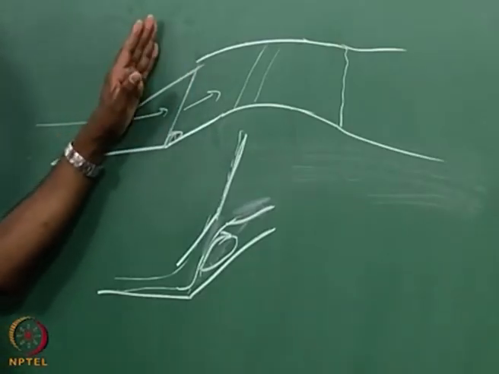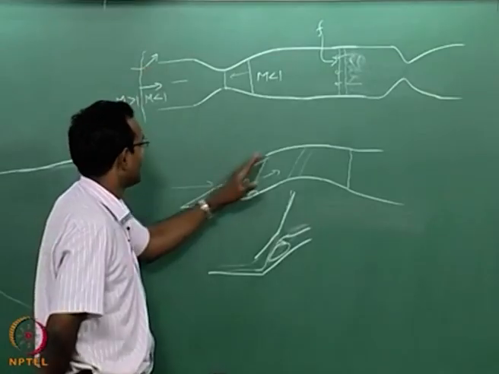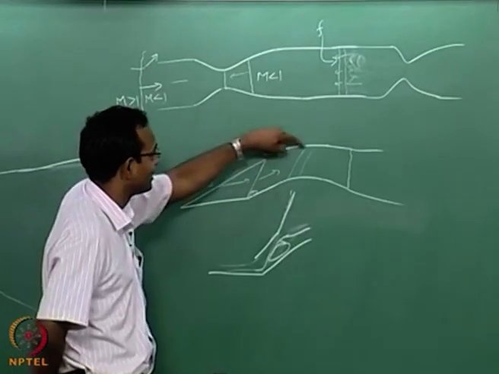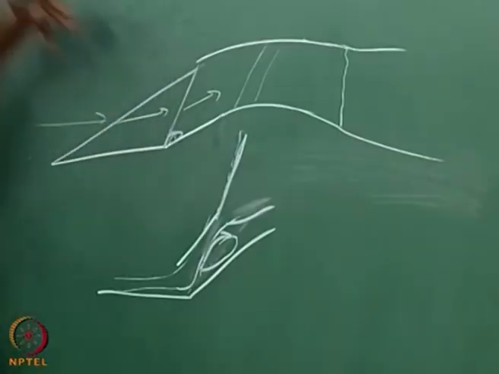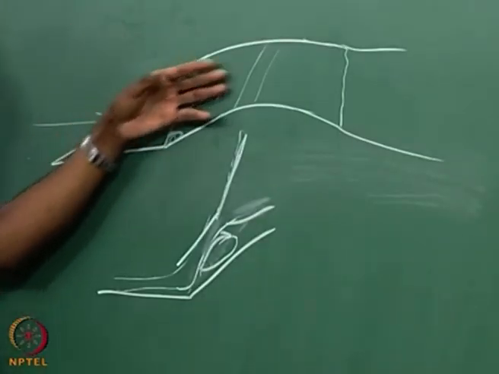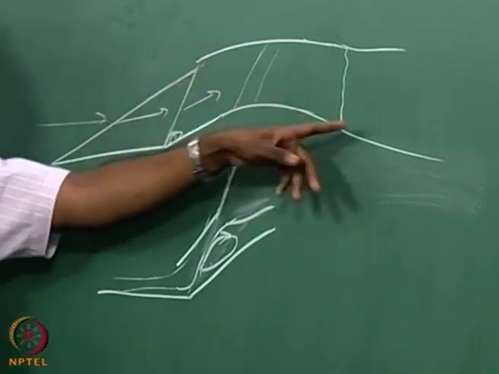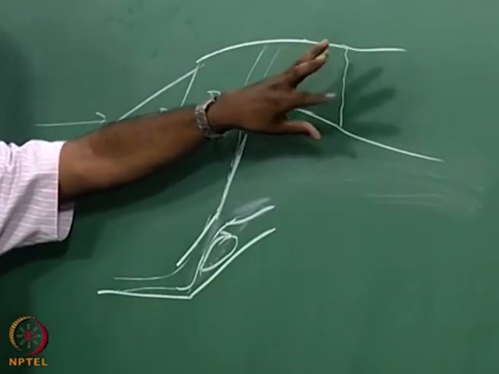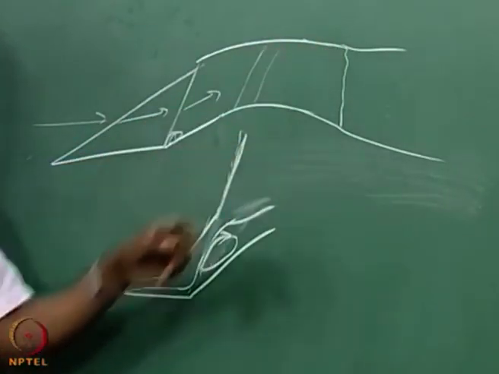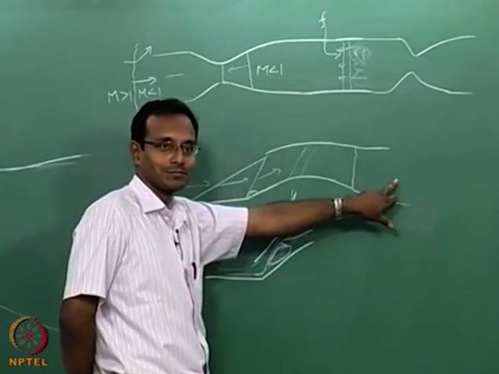But when the shock goes out more, this kind of situation happens. The shock goes out of this edge, this is called the cowl. If it goes out of this edge, then I am going to have spillage, and the mass going in decreases. The mass going in decreases, and there is no extra mass added inside. What will happen? Slowly the mass inside decreases, pressure decreases. So it is like the system is experiencing a lower back pressure.